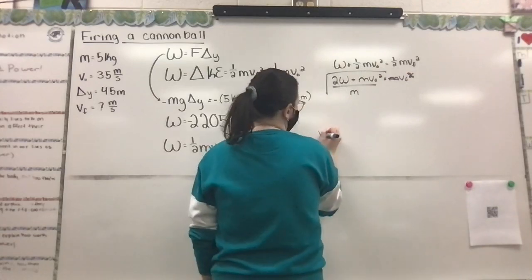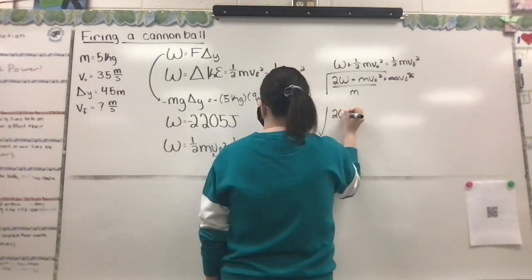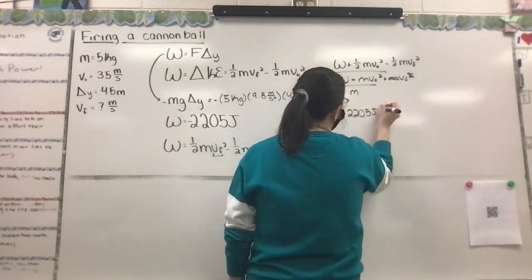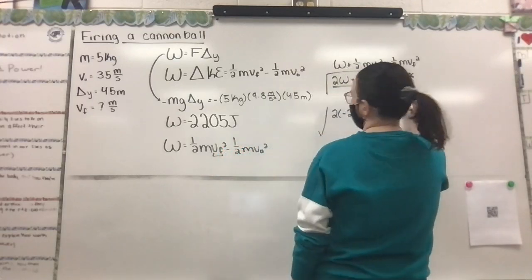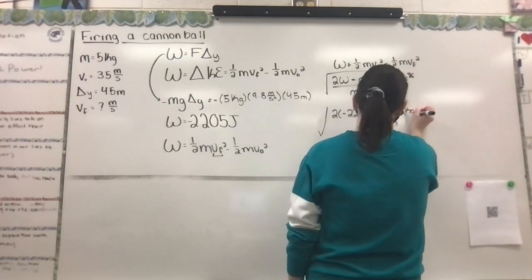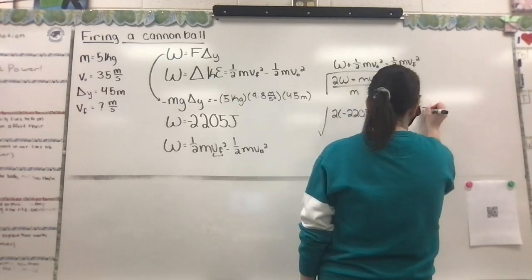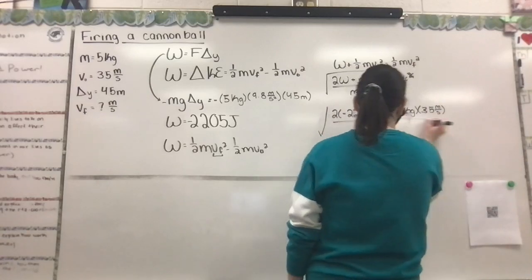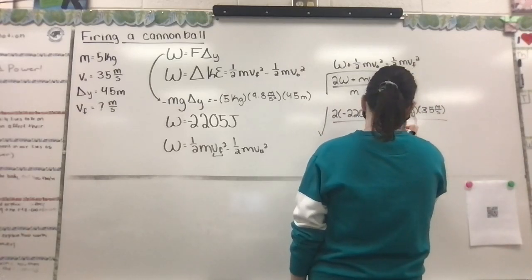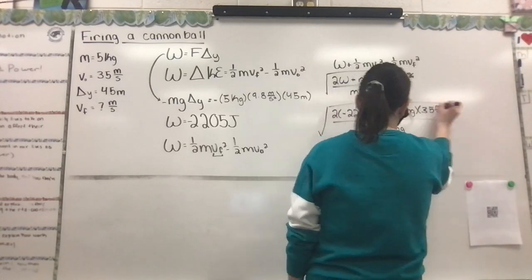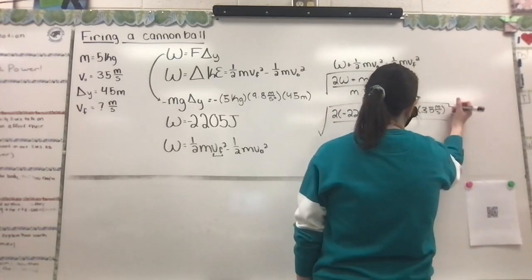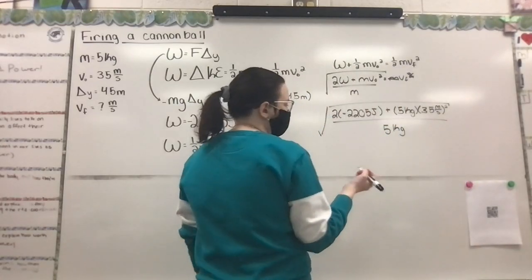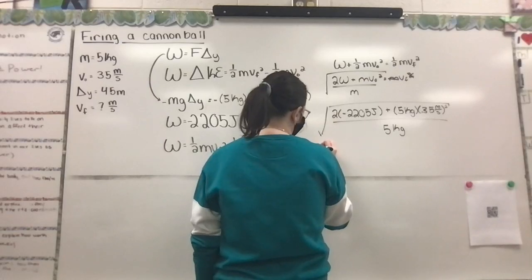Awesome. So we're going to have the square root of 2 times negative 2,205 plus our mass of 5 kilograms times our velocity of 35 meters per second, all over our mass of 5 kilograms. Oh, and don't forget to square that 35 meters per second too, or else you're going to be told that it can't do it because you'd get an imaginary number.